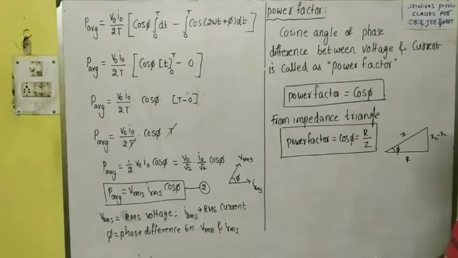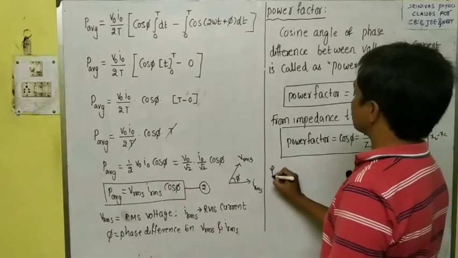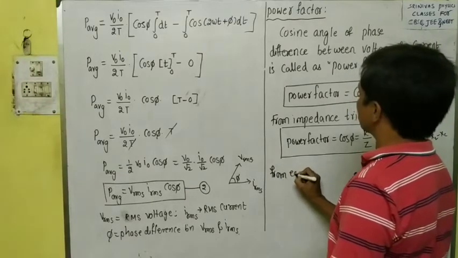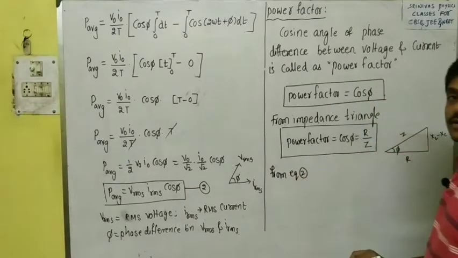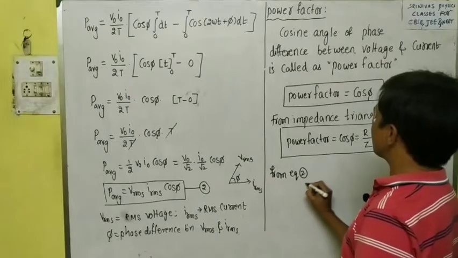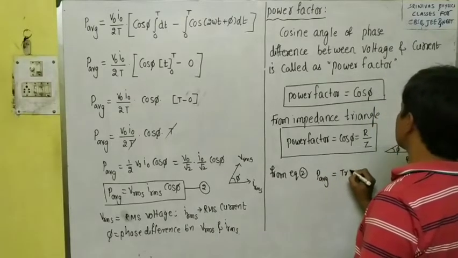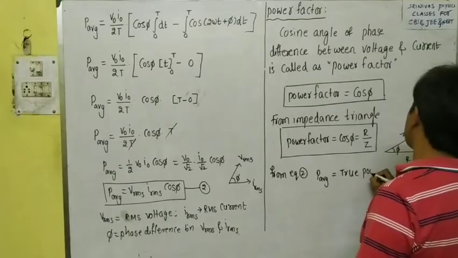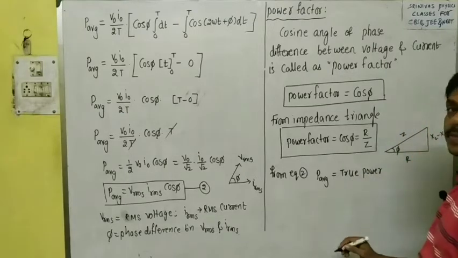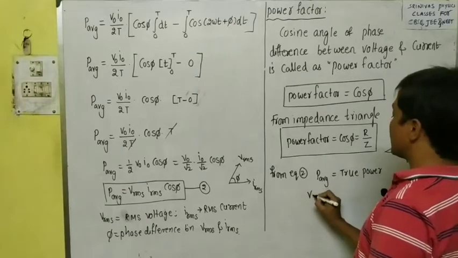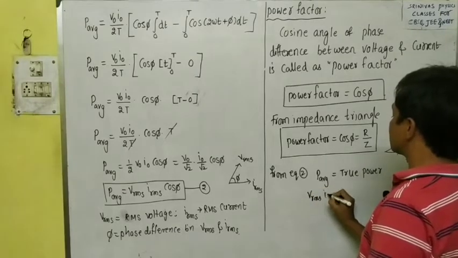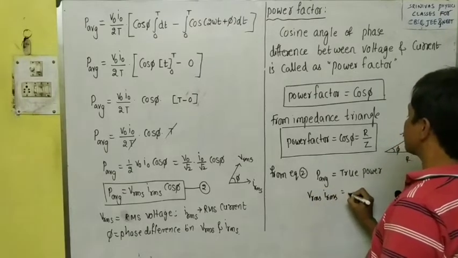Okay, right? This is the power factor. And now the power factor from equation 2 also we write. From equation 2, this average power is called the true power. And here VRMS into IRMS is called the apparent power.